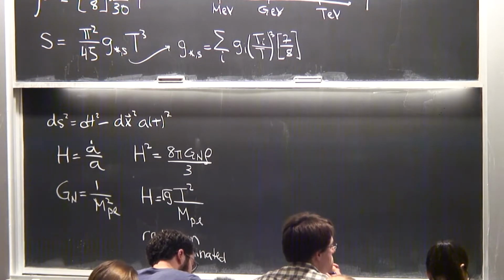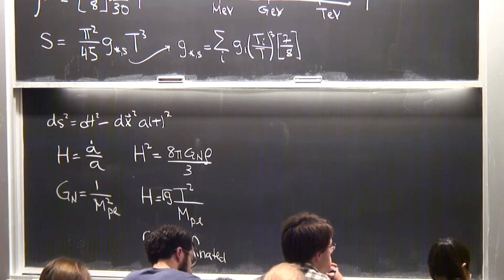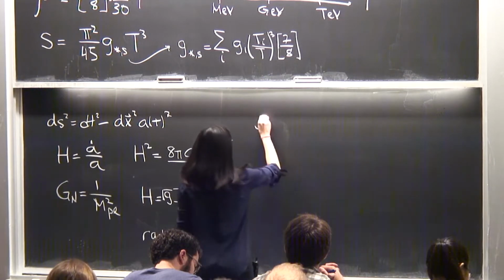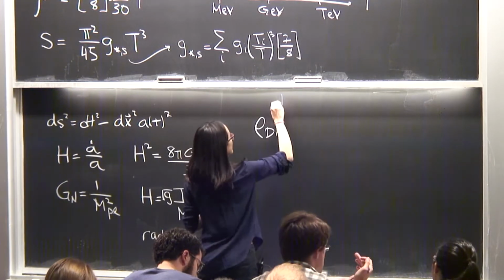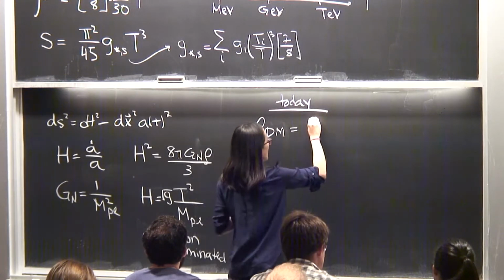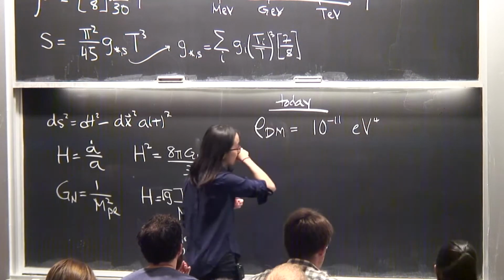There's two more quantities that I want to write down that we'll use throughout. One is the energy density of dark matter today. So these are today. And it's about 10^-11 eV^4.